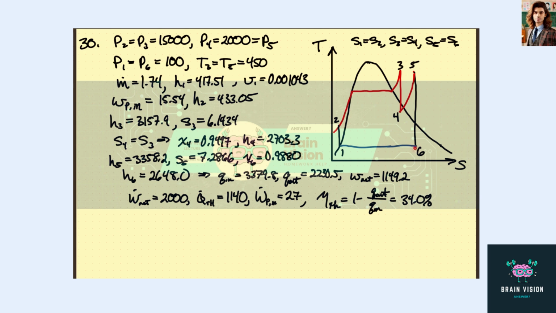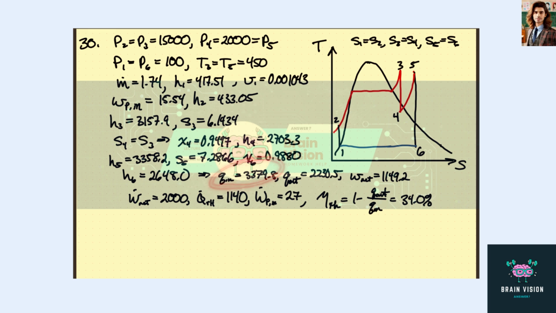Again, this isn't really drawn correctly. We're out here closer. And then we can get the enthalpy at 6. So now we have the enthalpies everywhere, which allows us to use conservation of energy on every component and get what we need.